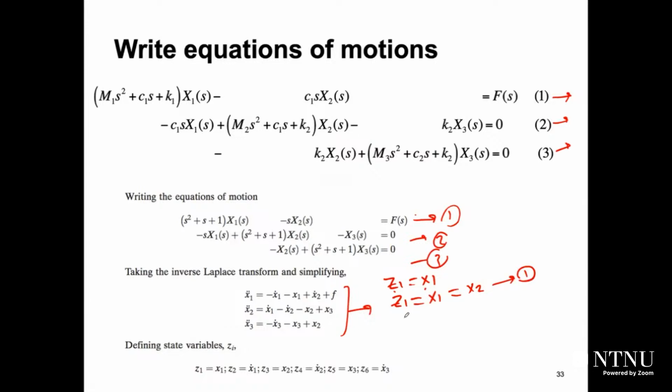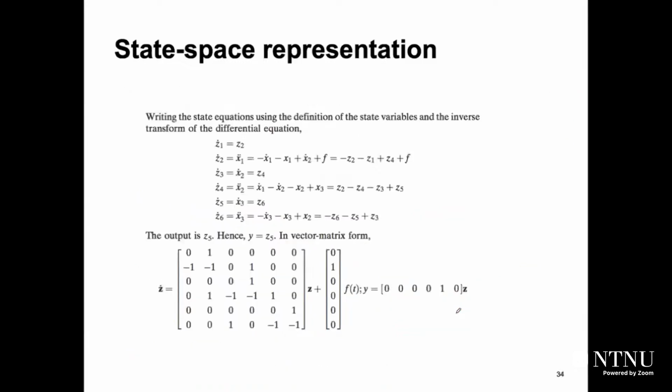Differentiate this one: z2 dot equals x1 double dot. We will substitute this value from this equation to get the details. So it will be z1 dot equals z2, z2 dot equals x1 double dot. Substitute those values.